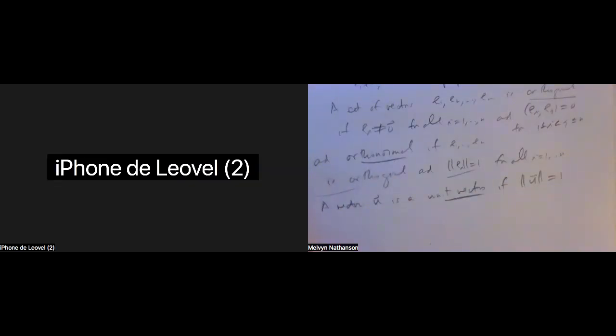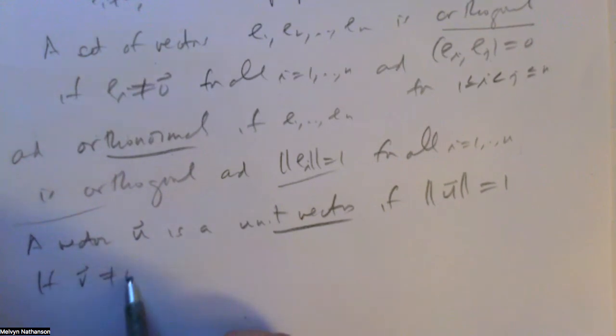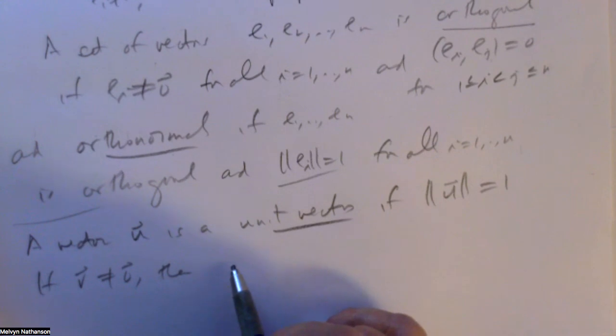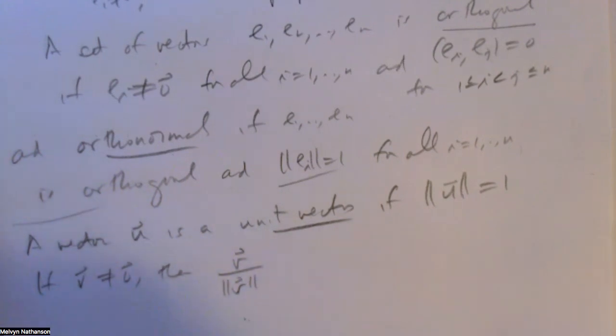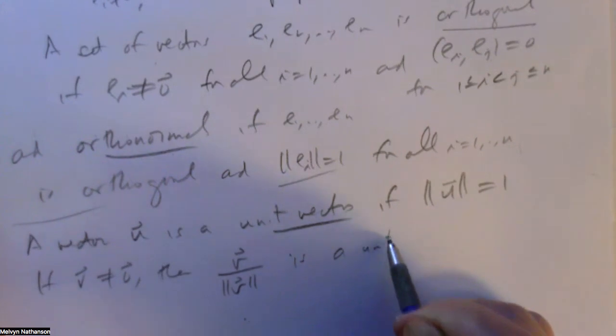If V is any non-zero vector, then I claim that if I take V divided by the length of V, this is a unit vector.